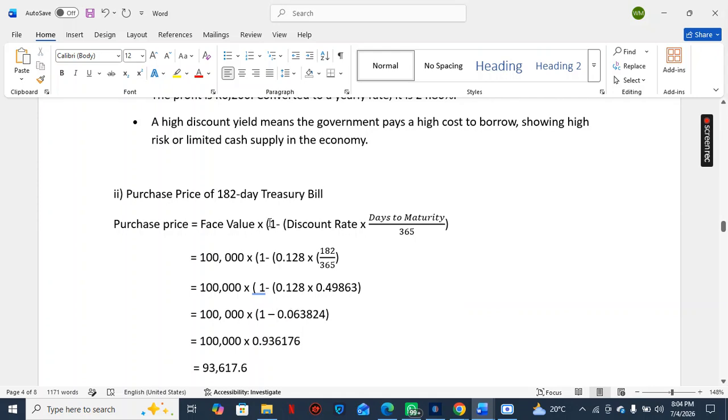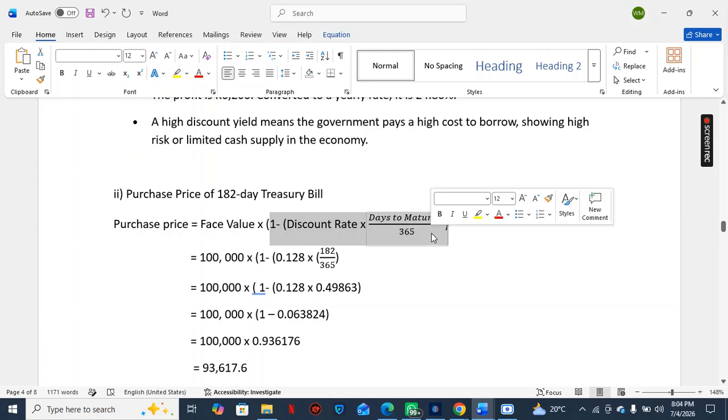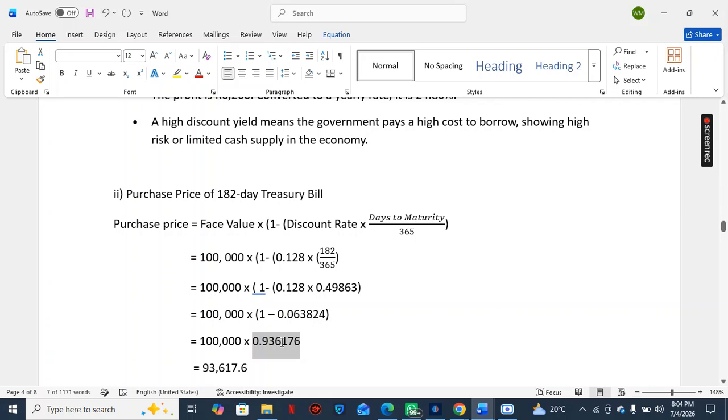So you start with these calculations within the brackets. 0.936176 multiplied by 100,000, you're paying 93,617.16. This is how much you pay to purchase this 182-day treasury bill. Any questions?